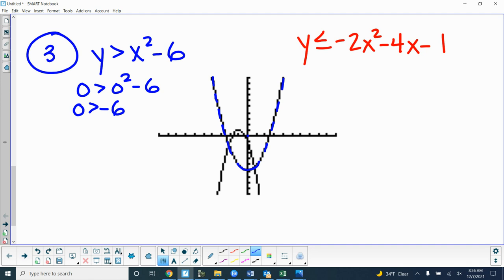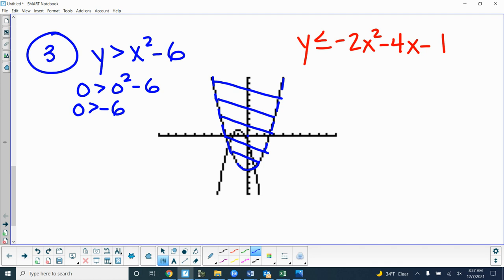That's true. So 0, 0 is here inside it. Or what we've been saying, greater than, it opens up, is inside it. Less than, when it opens up, is outside of it, basically. All right, so, all of this is shaded for that one that opens up, the blue one.